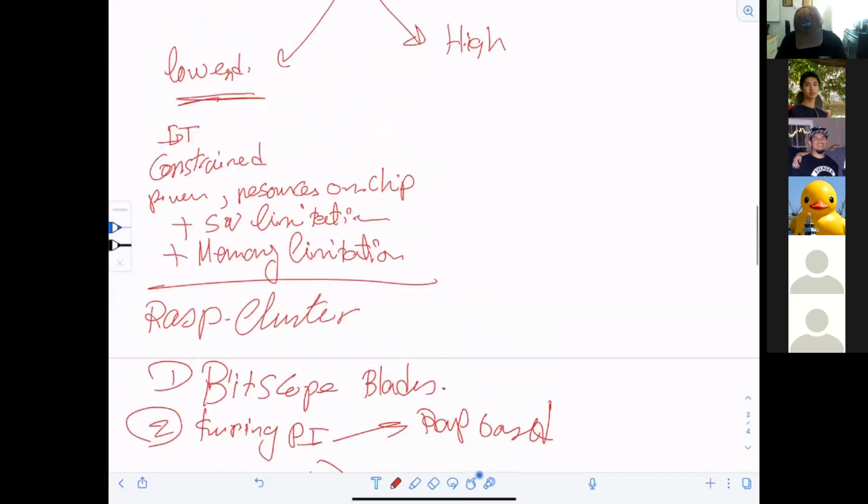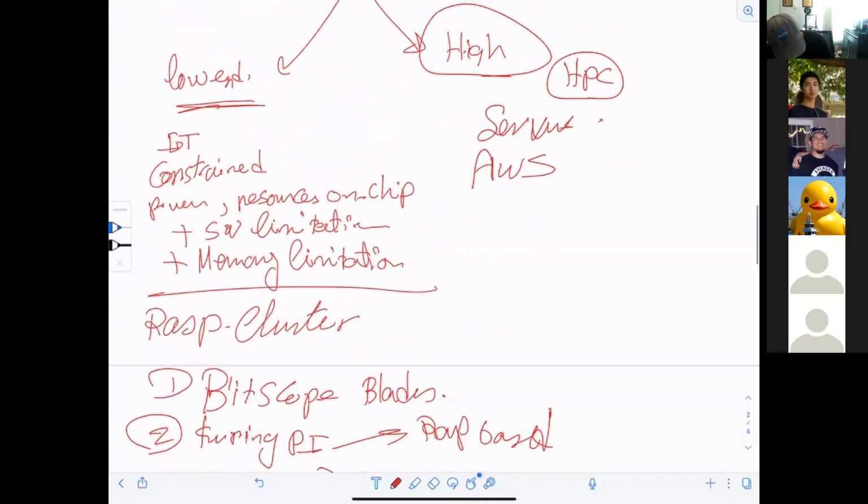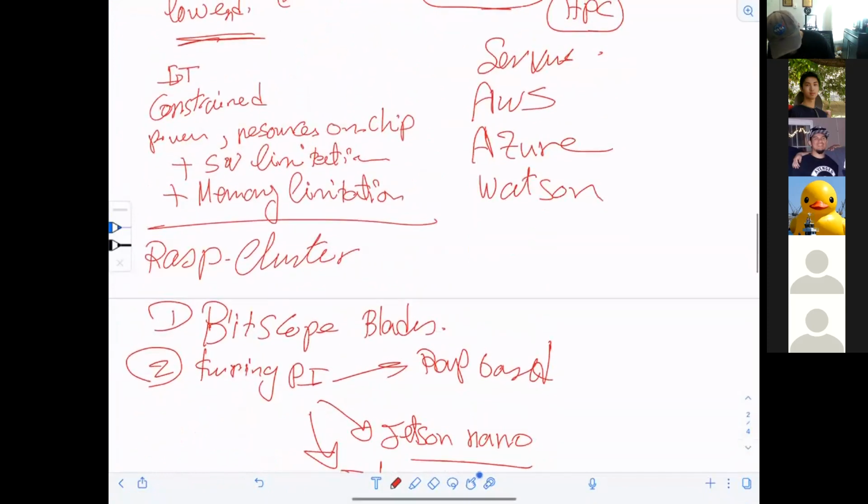Now the high end is what we call the HPC community, high performance computing. Those are servers: AWS, Azure, Watson. Those are a bunch of servers, right?